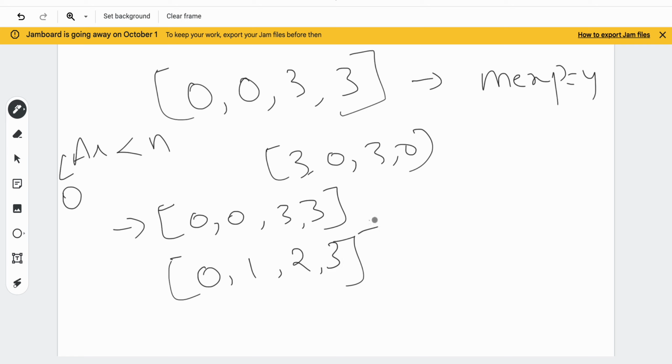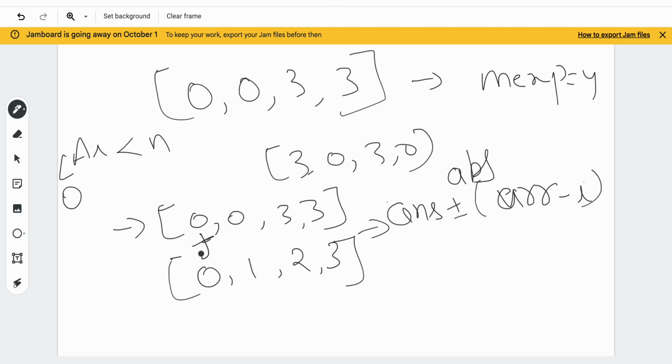So we will take the answer, plus equal to the absolute value of the array element minus i. This minus this is 0, this minus this is 1, this minus this is 1. So 1 plus 1 is equal to 2, so a total of 2 operations will be required.